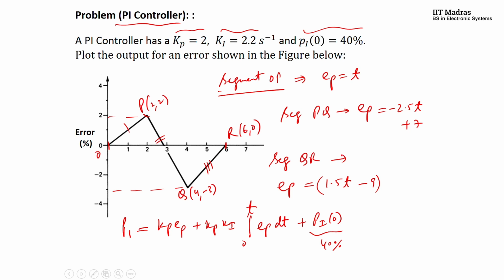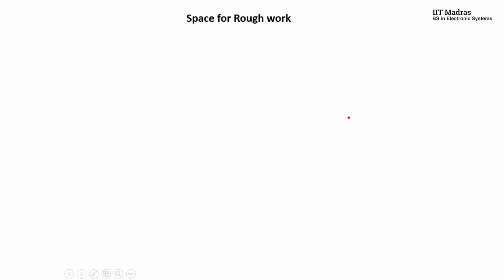When you start this error curve from here, at this point in time you have Pi of 0. If you draw the control output curve, Pi of 0 is 40%. Now let's try to evaluate this one. If you evaluate this, you are going to get P1 is equal to 2T plus 2 into 2.2 integral 0 to T, T into dt, plus 40.